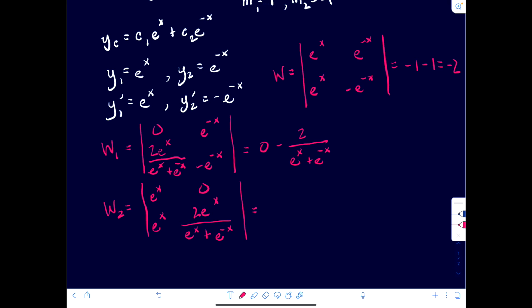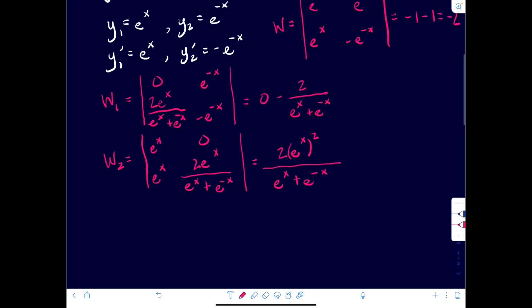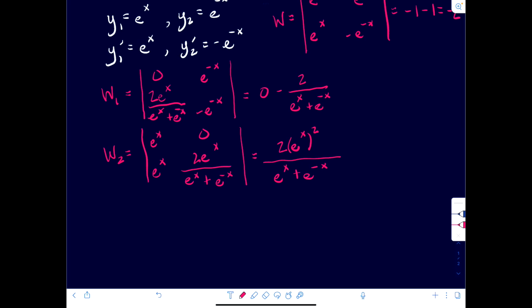Now that's going to end up being 2e to the x squared over e to the x plus e to the negative x minus 0, which is just this, okay?